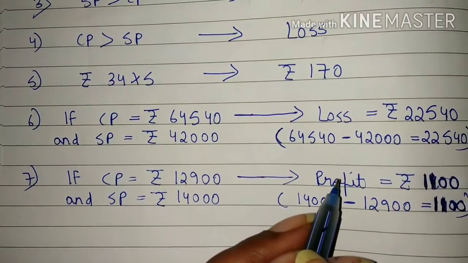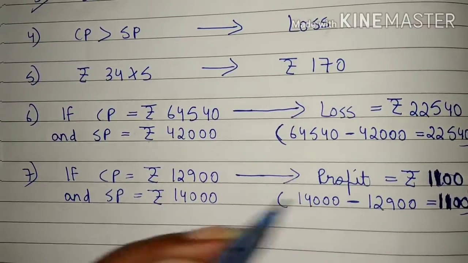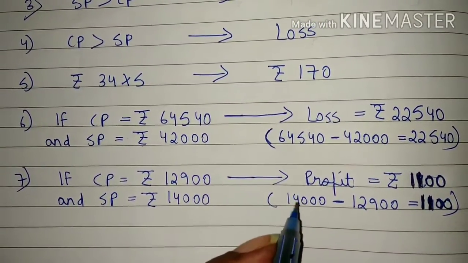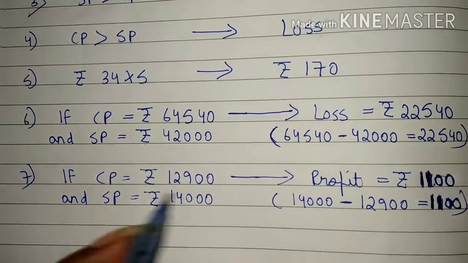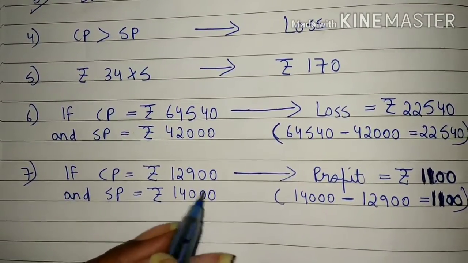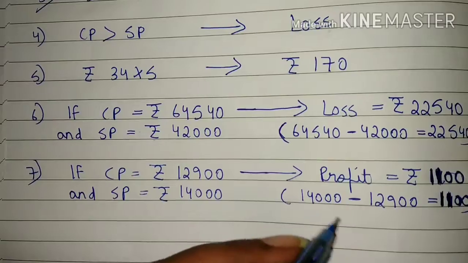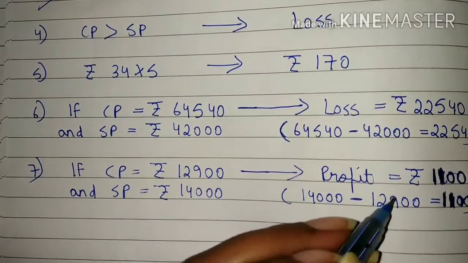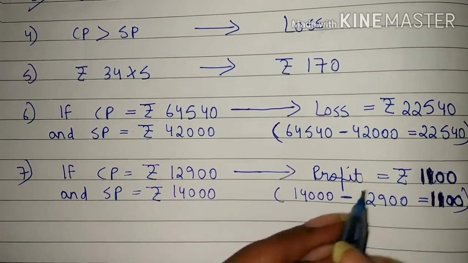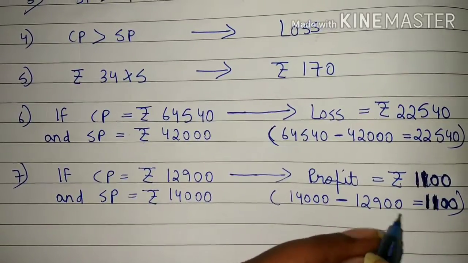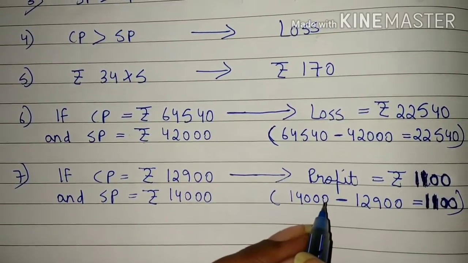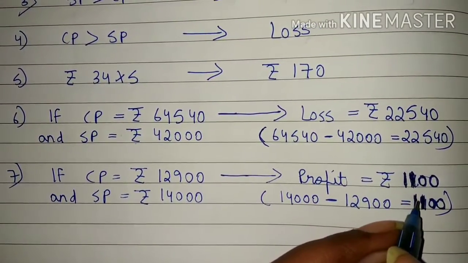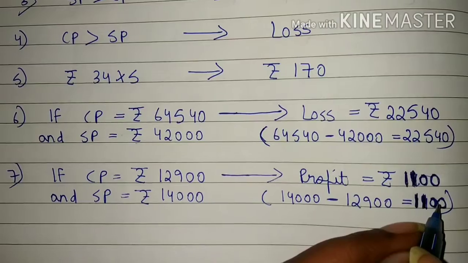Students, how will you calculate profit amount? Students, we know that profit is equal to selling price minus cost price. Selling price is rupees 14,000 and cost price is rupees 12,900. Students, when you subtract 12,900 from 14,000, then you will get answer 1,100.